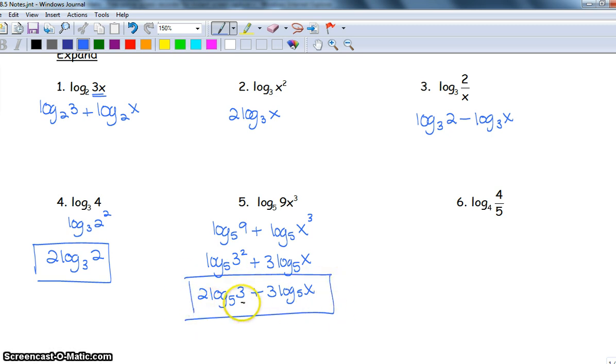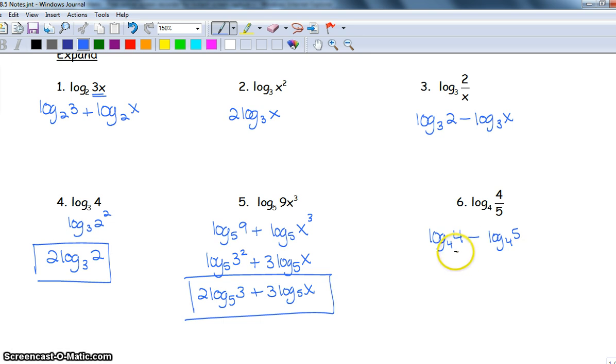And we double check, there's nothing else that I can break down. Looking at number 6, we've got 4 divided by 5, and our rule says that if we divide, we separate it by subtraction. So I've got log base 4 of 4 minus log base 4 of 5.